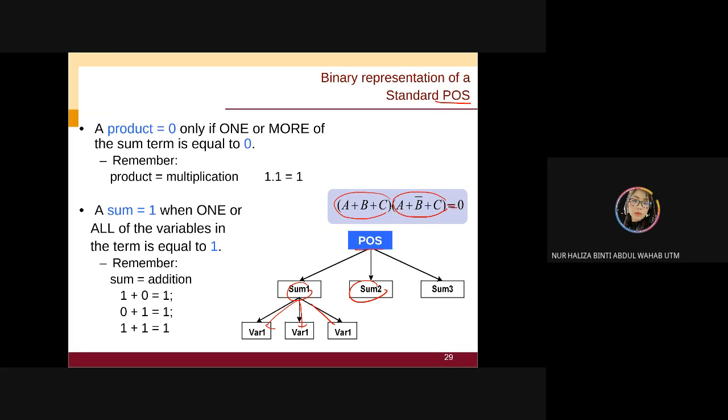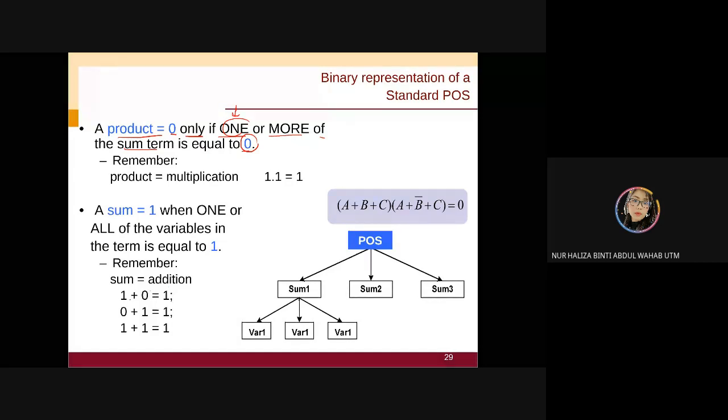It should be equal to 0. So now you have a product equal to 0 only if one or more of the sums is equal to 0.